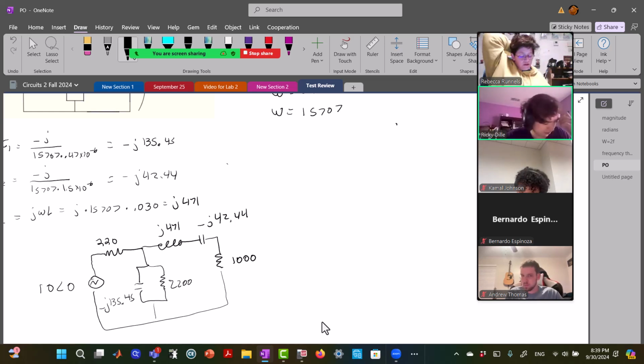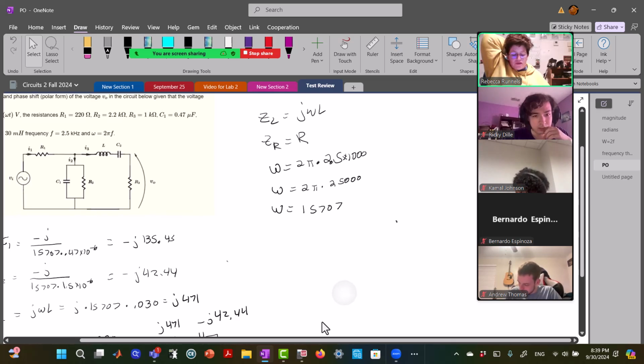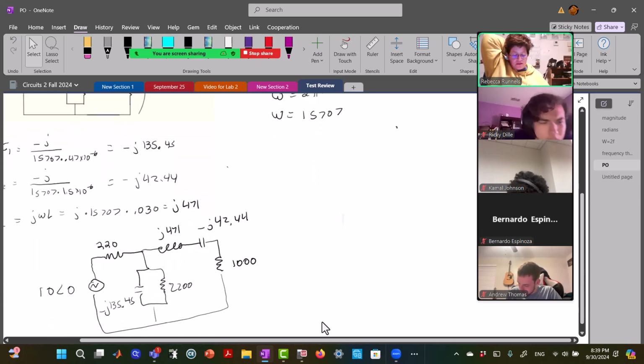What was C1's value, the non-phasor value, the initial value? It was 0.47 microfarads.